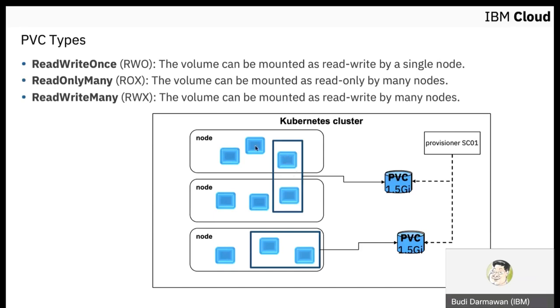So in this deployment here, the pods are on different nodes. If they want to write, both of them need to write or store data in the PVC. That means it has to be read-write many.